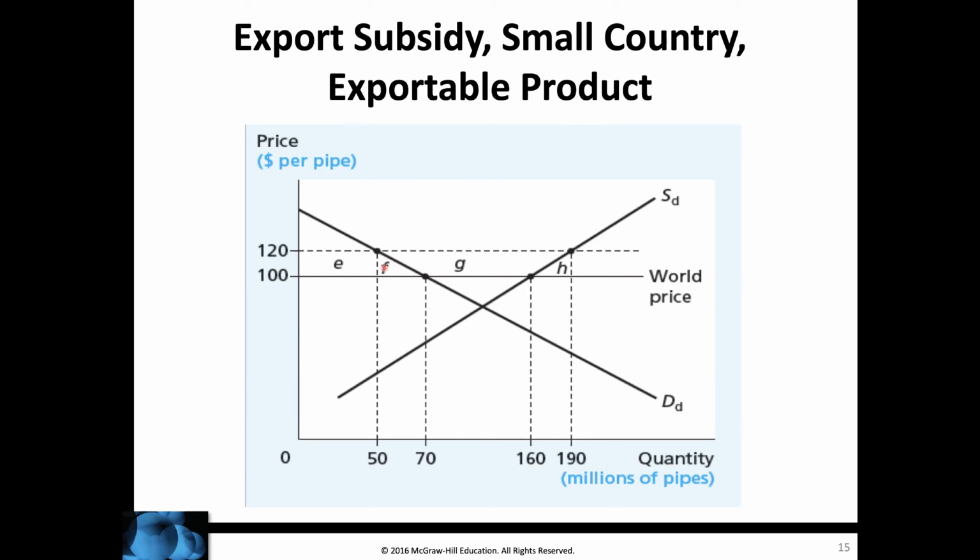Also, the cost to the government of paying the export subsidy is area F, G, and H. So the loss to the net national well-being because of this export subsidy are areas F and H. So this is the net loss to the nation because of an export subsidy.